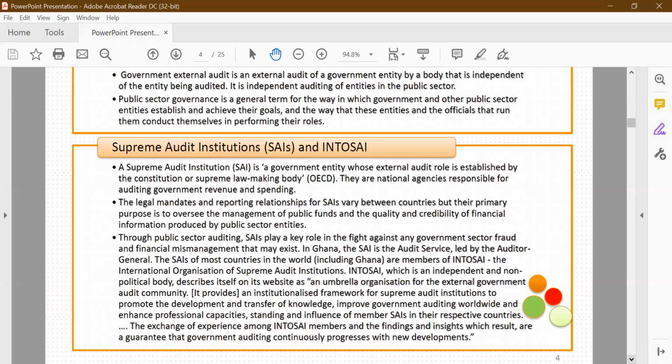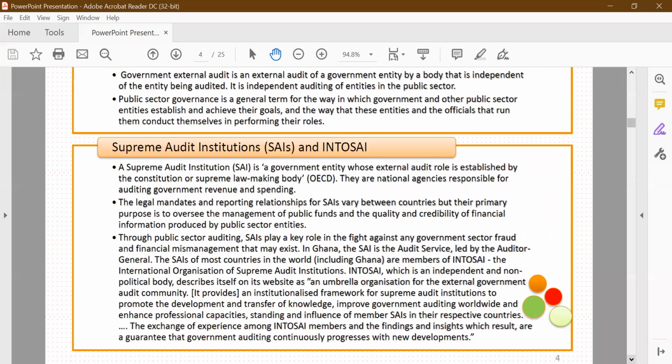It provides an institutionalized framework for supreme audit institutions to promote the development and transfer of knowledge, improve government auditing worldwide, and enhance professional capacities. Right, so it exists to ensure the transfer of knowledge and to improve how government audits are done.